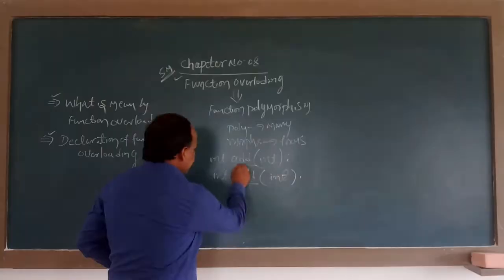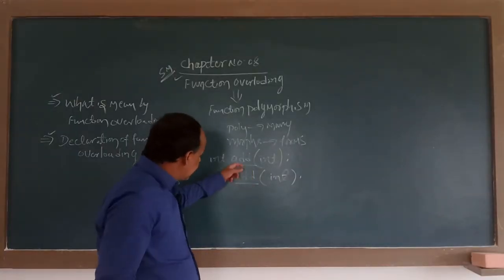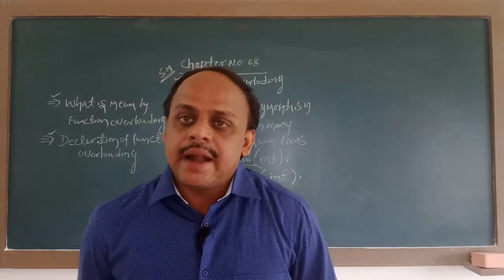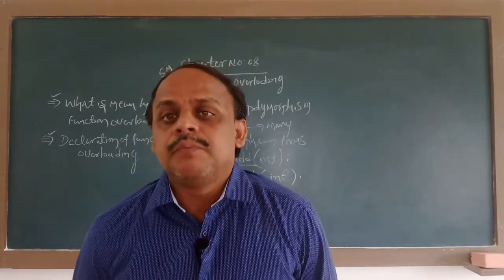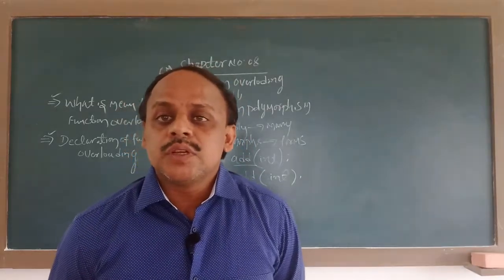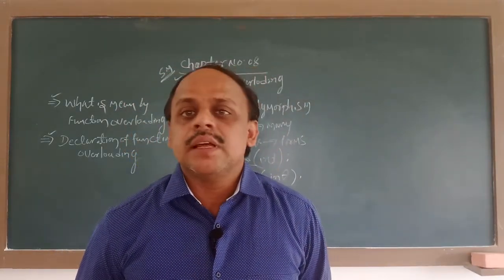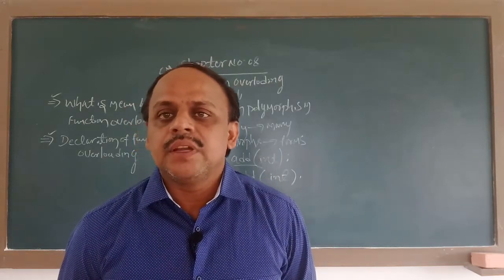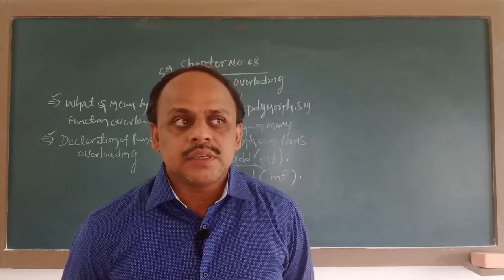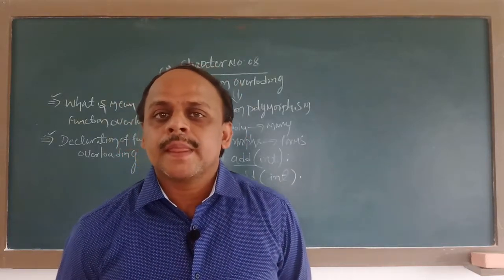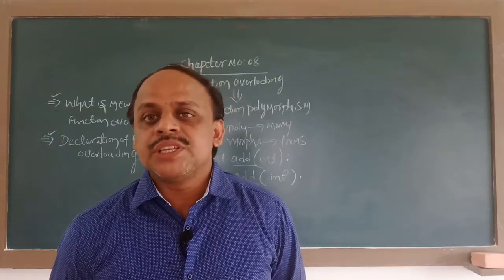It allows this. Here the first function name is add, and the second function name is also add. So this is allowed in C++, that is, we can use a number of functions with the same name. This technique is called function overloading, but we have some restrictions.